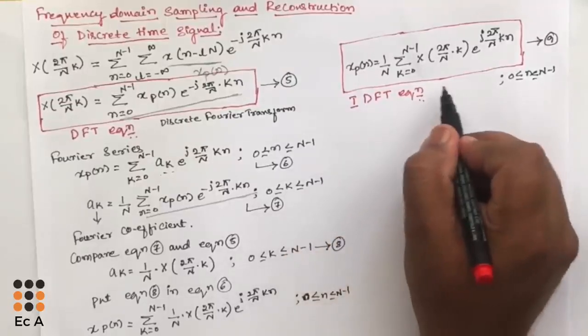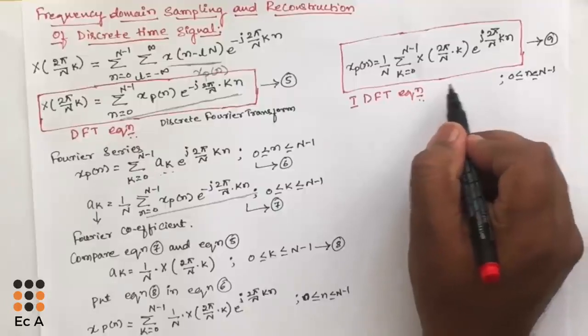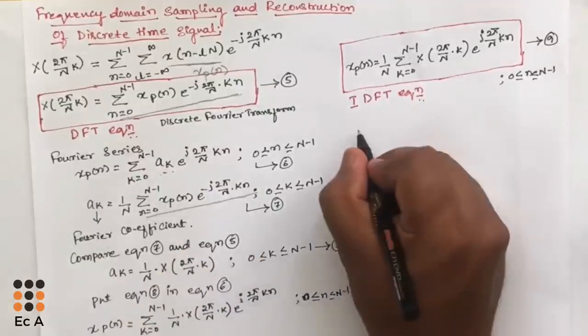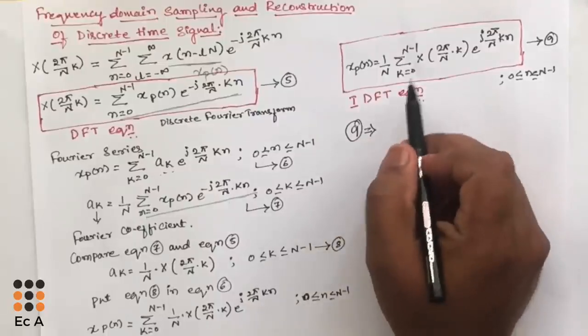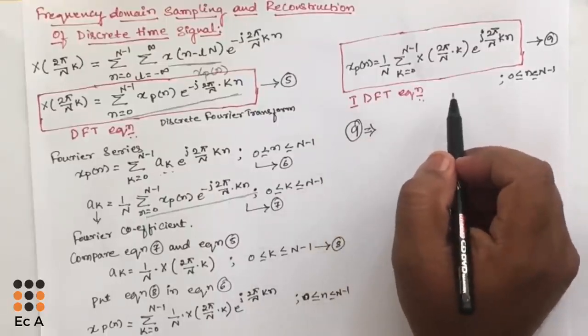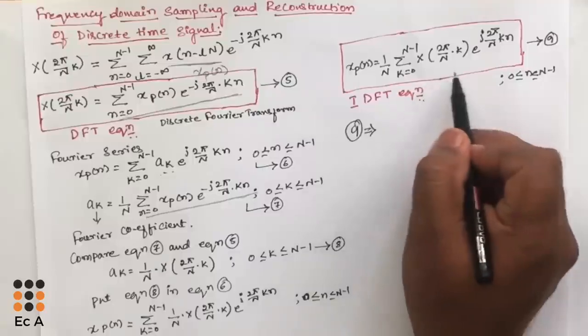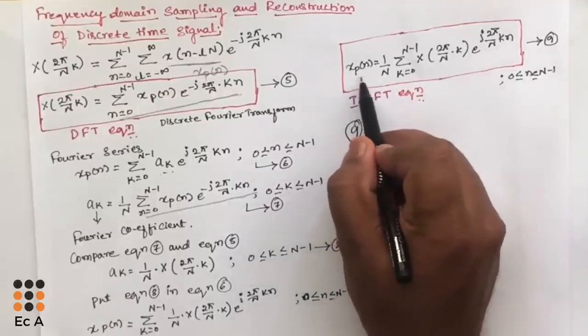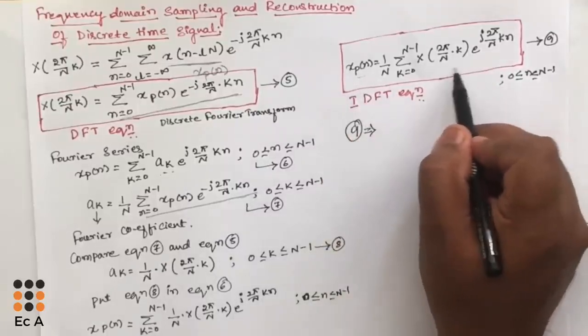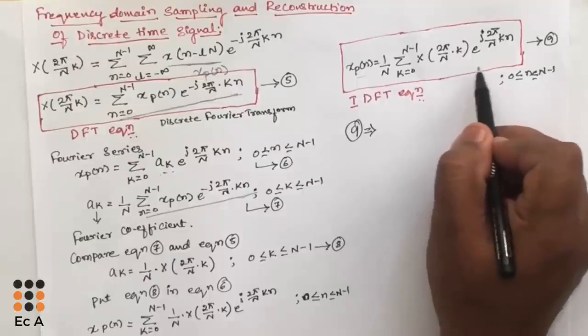Remember these equations, we will discuss them in the next classes. Now equation number 9 gives the reconstruction of the periodic signal from the samples of the Fourier transform. You can see we have reconstructed a periodic signal from the samples of the Fourier transform.